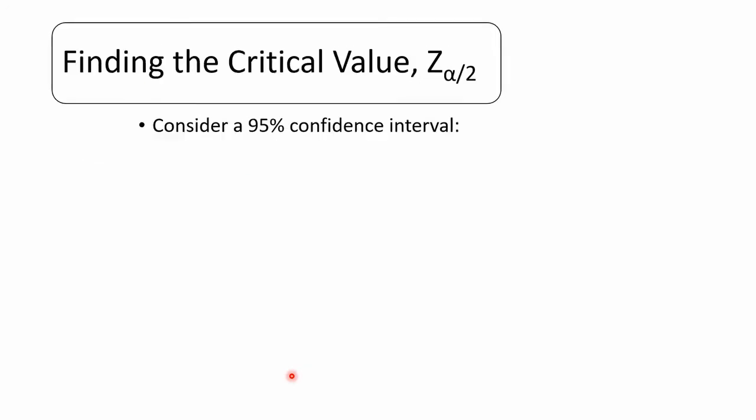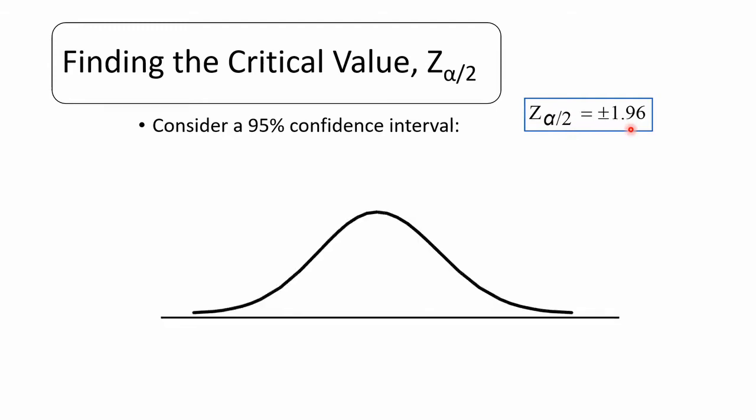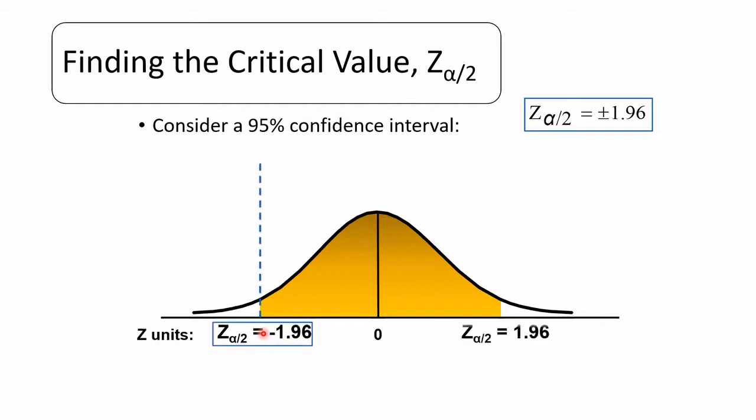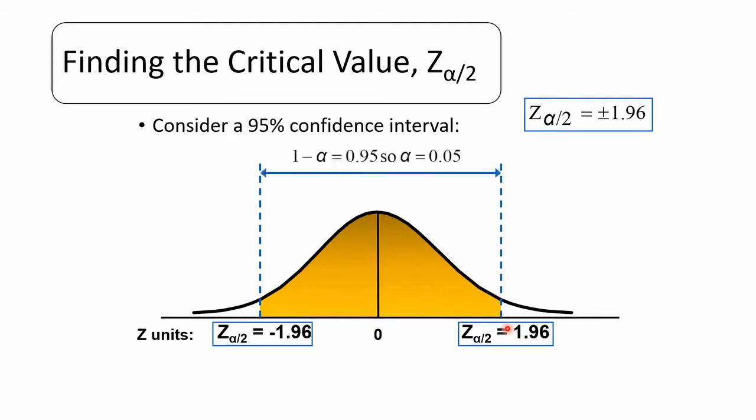Right, so finding the critical value, consider 95% confidence interval. In that case, your Z alpha over 2 would be plus or minus 1.96. So if I were to draw this, here you have your Z units. On this side you have minus 1.96 due to symmetry. Here you would have plus 1.96, and this area, the area I've demarcated in yellow, is 1 minus alpha, or in other words 0.95.